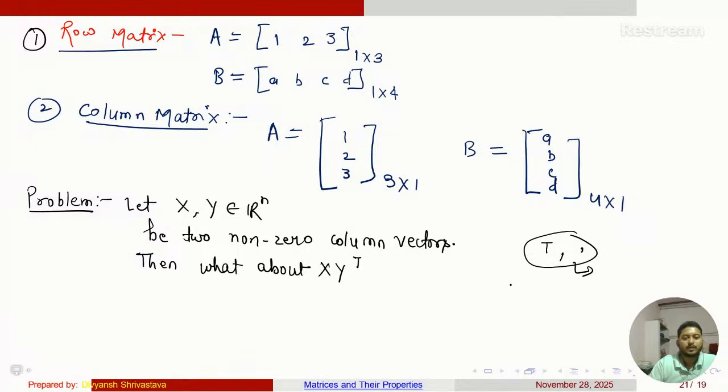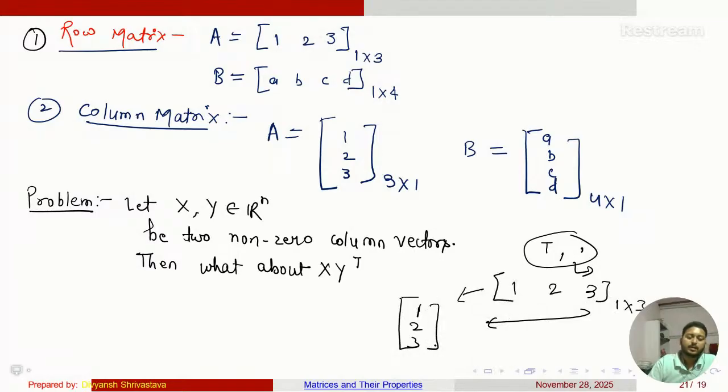Transpose is nothing but this: if I have a row matrix of dimension 1 cross 3, then in the transpose, 1, 2, 3 interchanges, and the row matrix is converted into a column matrix whose dimension is 3 cross 1. So these are the representations of matrices in transpose.